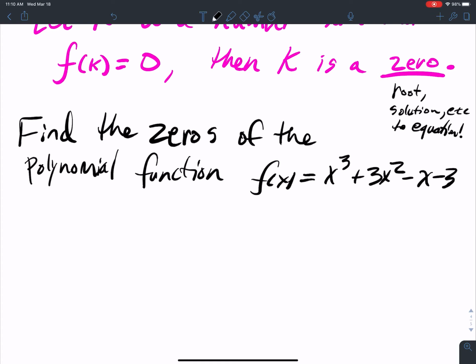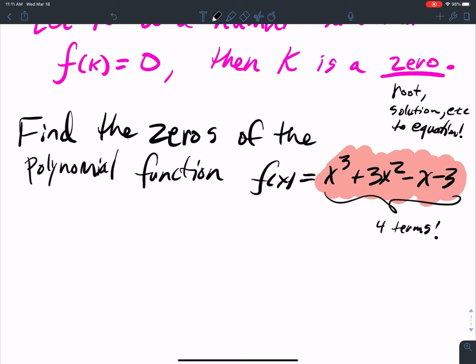All right. Now, how many terms, okay? When I look at this, I have 4 terms. Now, first step in factoring is GCF. Is there anything in common between all 4 terms?